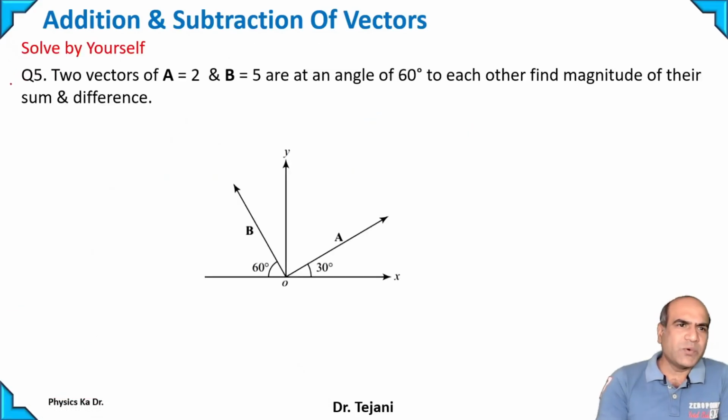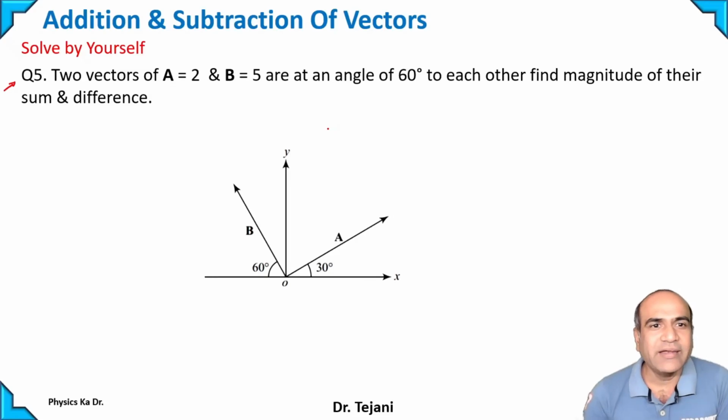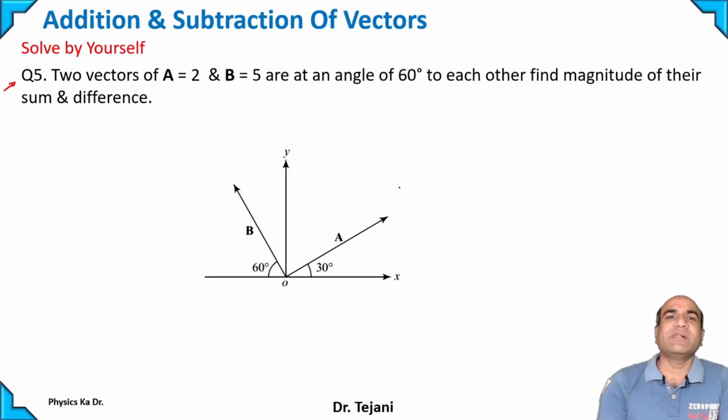Now you should pause the video and solve this question. Question number 5: two vectors A is equal to 2, B is 5 are at an angle of 60 degrees to each other. Find the magnitude of their sum and difference. Similar examples we already solved.